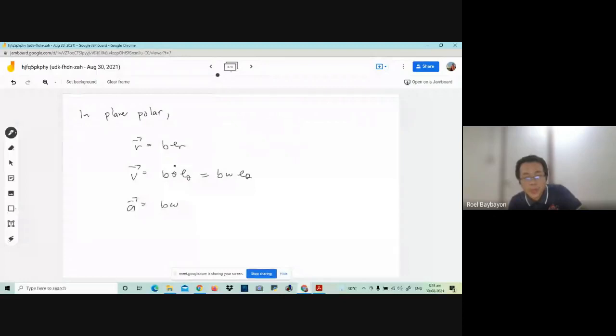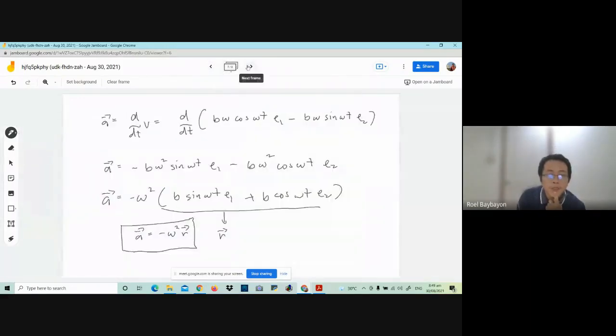So the acceleration is b omega e theta dot.